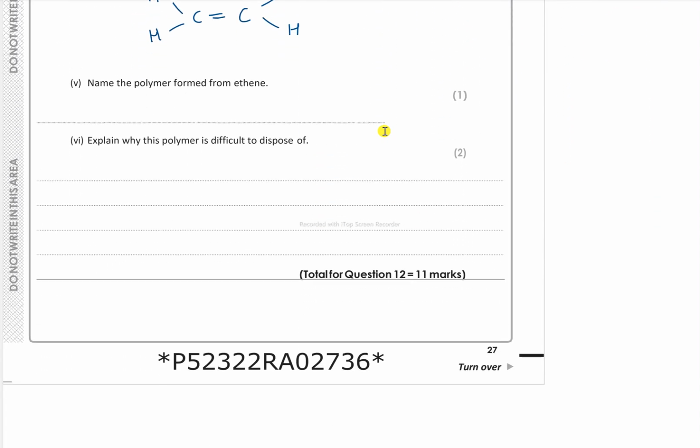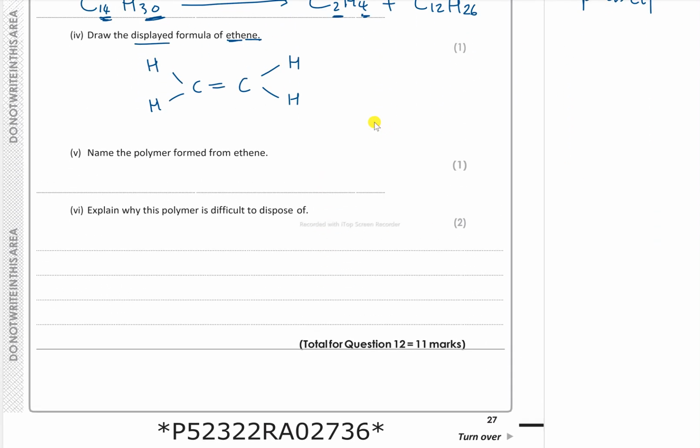Name the polymer formed from ethene. It'll be polythene or polyethene. I remember it as polyethene or polythene.